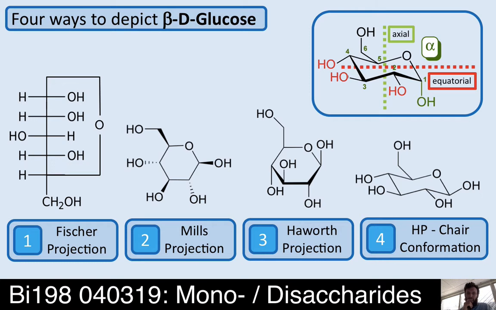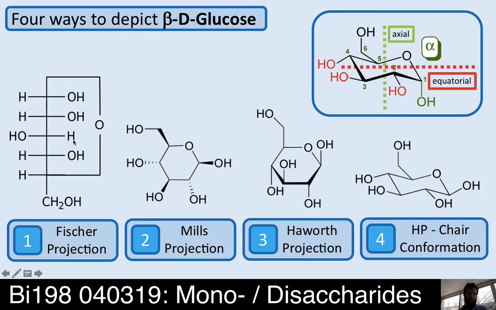Just a little bit of visual semantics here so that when I put all these structures of sugars up here, you don't get lost. There are really a number of different ways that scientists have tried to depict sugars on the two-dimensional plane. So what you're looking at here are 4 different ways to depict the exact same molecule. It's the exact same molecule, beta-D-glucose.